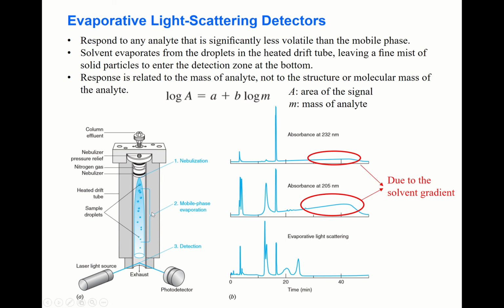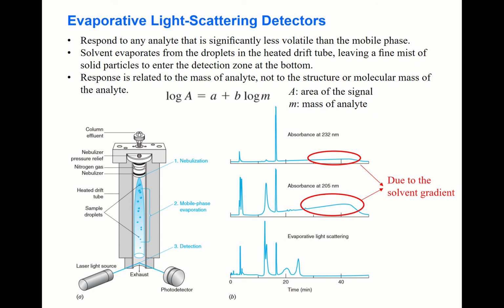Look at the detector structure here. Your eluent passes through this nebulizer, using nitrogen gas, which makes your eluent become a fine mist.